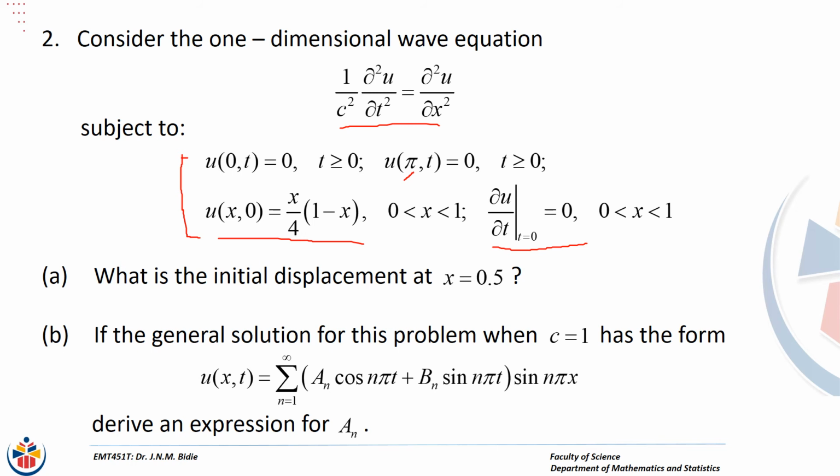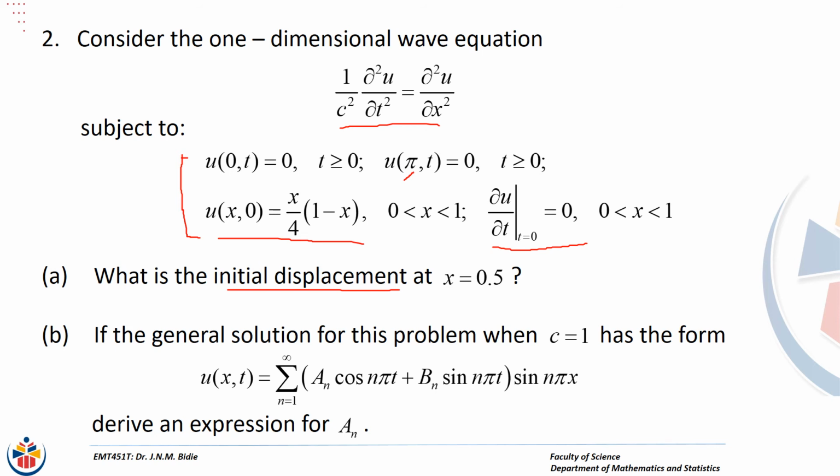Now, the first question asks, what is the initial displacement? Looking at the initial displacement at x equal to 0.5, looking at the conditions that we are given, the one that gives us the initial displacement, that means u of x,0, is given by that formula, x over 4 into 1 minus x. Substitute 0.5 in there, and then you get your final answer.